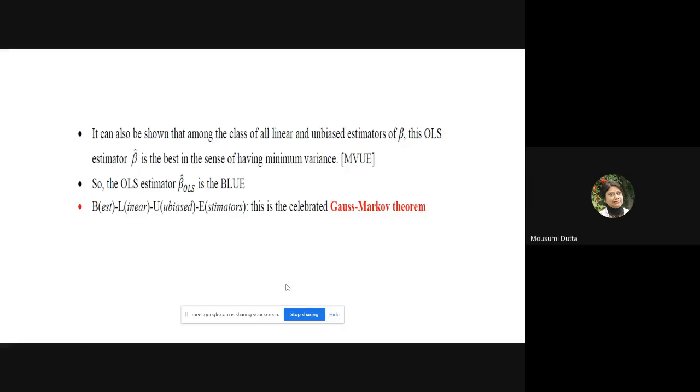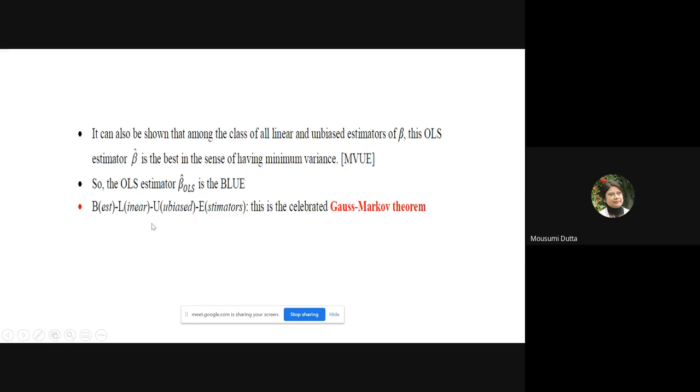Now, if beta hat follows both unbiasedness and the minimum variance property along with linearity, we call beta hat OLS the best linear unbiased estimator. Best for minimum variance, linear, unbiased, estimator.